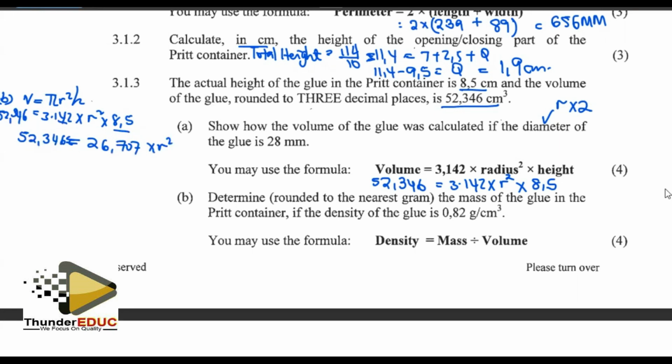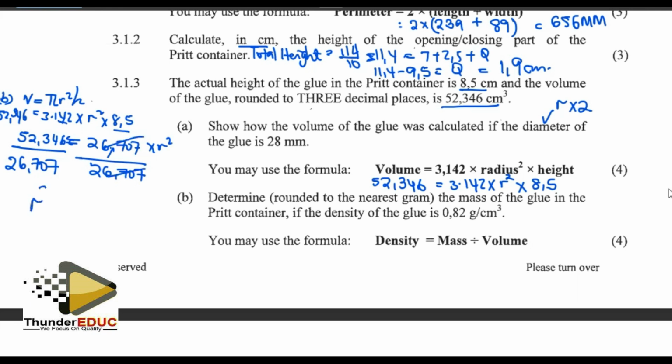So what do I do? I need to divide through by 26,707 on both sides. On both sides, so it becomes 52,346 divided by 26,707. So when I do that, this will die with that.